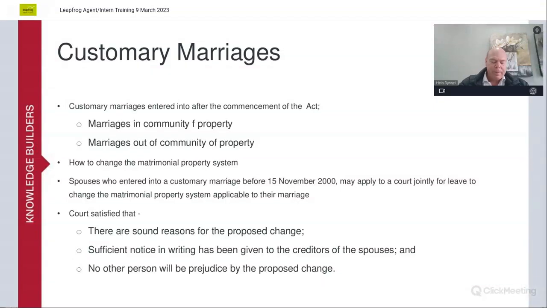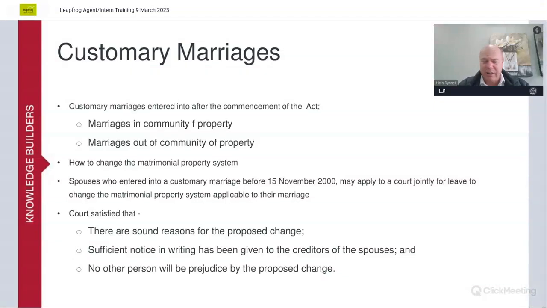They'll also have a look whether sufficient notice was given to all creditors. So they'll place an advert in newspapers to say that, look, these two people are married in community of property. They got married according to customary laws of South Africa, but they want to change the matrimonial system to out of community of property. Is there anybody out there that objects to this?